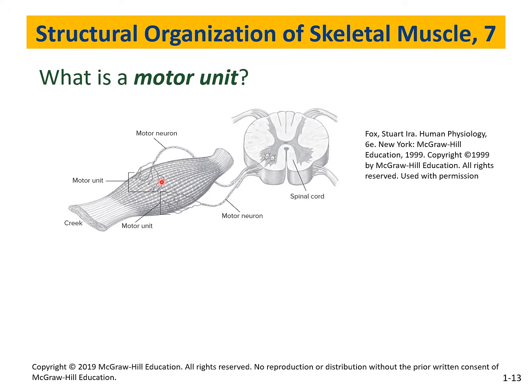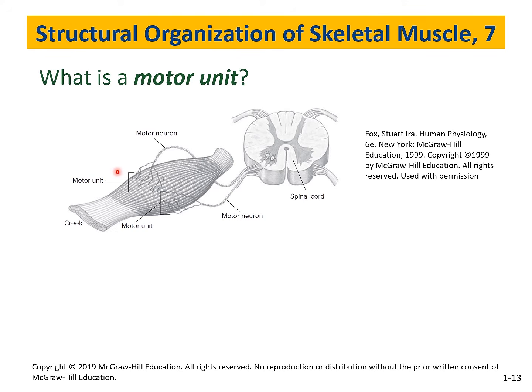Now, each one of us has different combinations of that. So when I tell you a motor unit, what does that mean? This motor nerve, with its dendrites and all the muscle fibers it touches, is called a motor unit. Each one neuron could have, let's say, 10,000 muscle fibers.